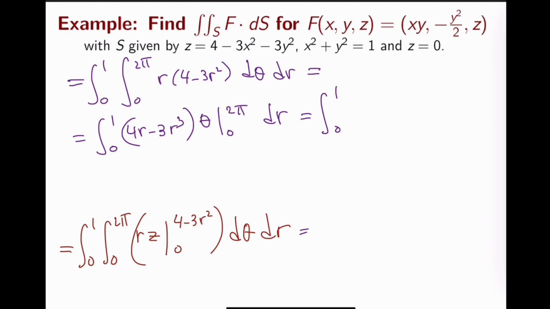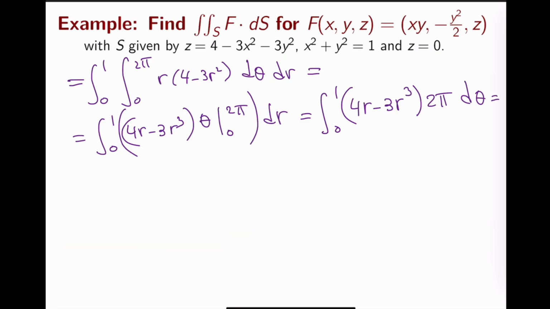So this is the integral between 0 and 1. Let's do the evaluation now. The evaluation will be at 2 pi, and now the final integral we take will be the integral of that.